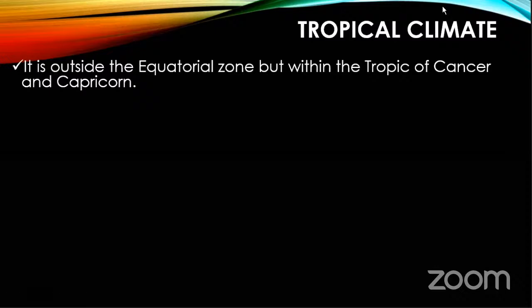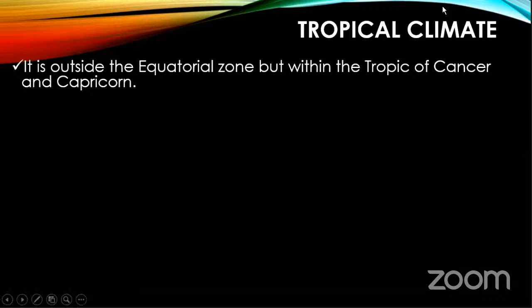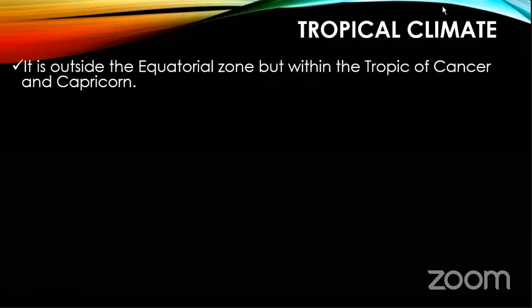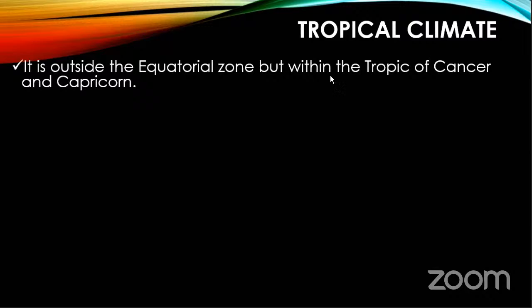On the map of the world, you will know where the tropical climate is by knowing that the region within these two tropics experiences the tropical climate. That is key.